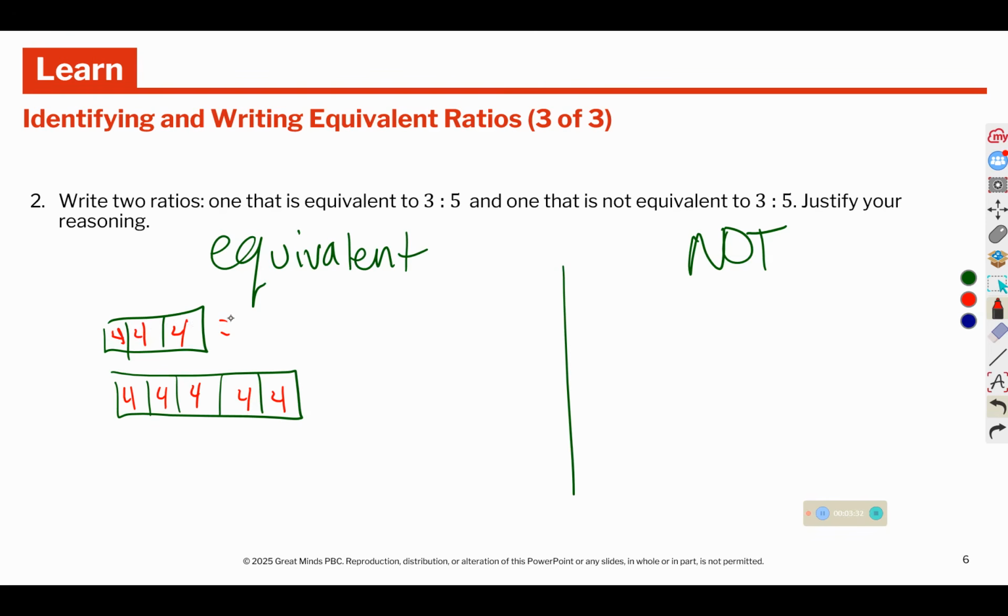This is 4, 8, 12. 4, 8, 12, 16, 20. So the ratio 12 to 20 is equivalent because all the boxes have the same value.